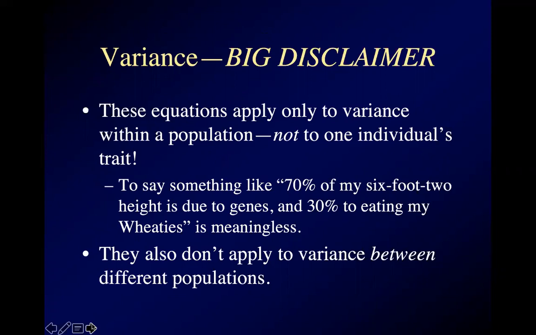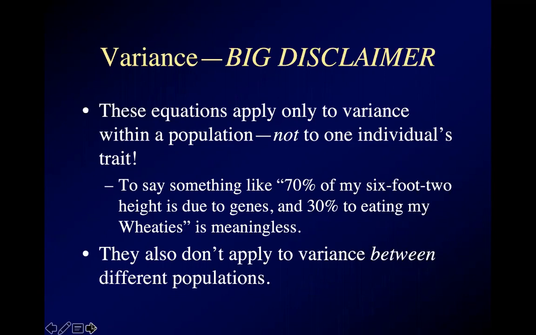The variance of my height is, okay, my height is 74. The average height of Dr. Wagoner is also 74, right? It's the average of a single number. The difference between my height and the average height of all people named Dr. Wagoner is 0. And so the variance is 0.